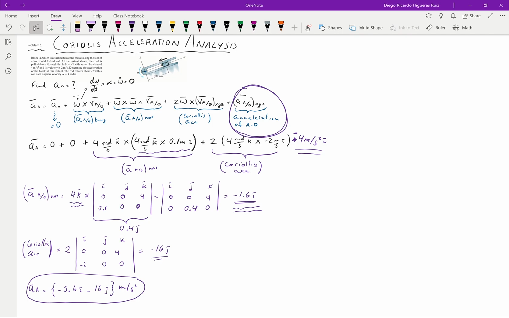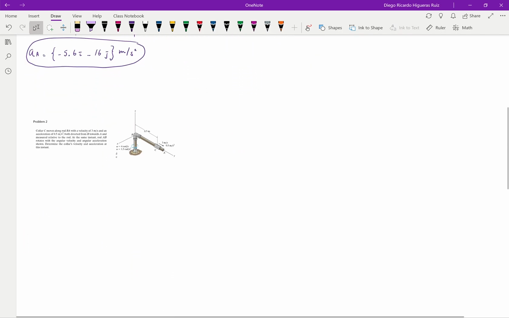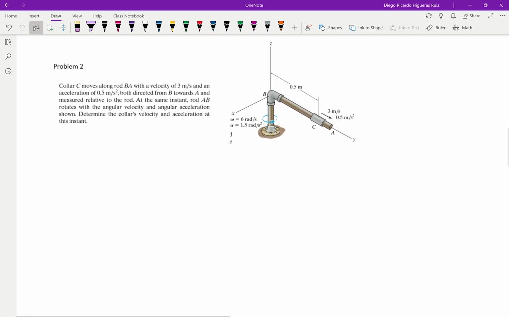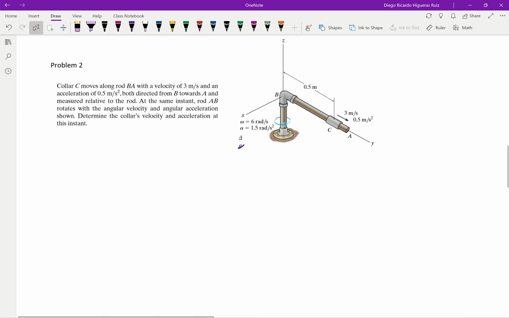Alright, so we're gonna proceed and we're gonna do another problem that is gonna be similar to this one, but that's how we're gonna give some practice to this type of problems. Okay, so for this problem, collar C moves along rod BA with a velocity of 3 meters per second and an acceleration of 0.5 meters per second squared, both directed from B towards A and measured relative to the rod.